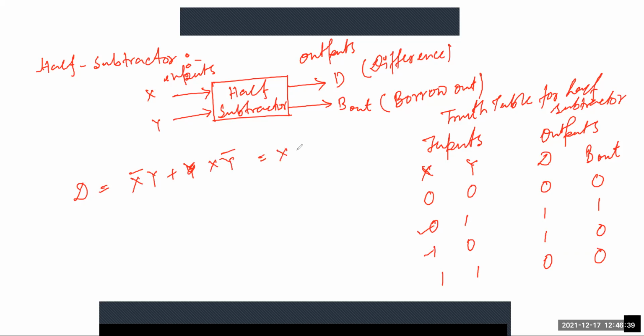From this we can write D is X XOR Y, and for the case of B out, this is the combination X bar Y. From the expressions of difference and B out, we can easily understand that the half subtractor can be implemented using an XOR gate for the difference, and a NOT gate and an AND gate for B out.